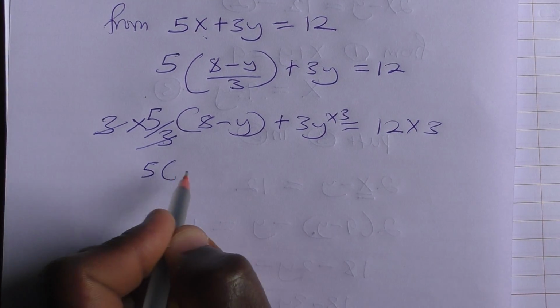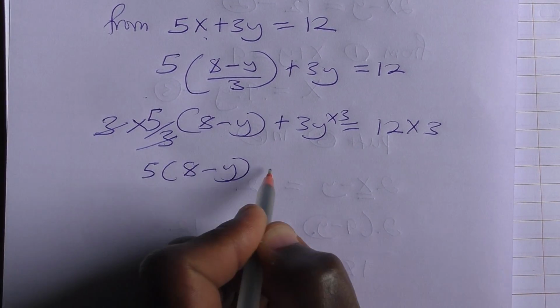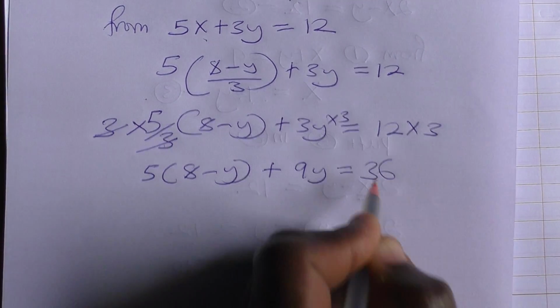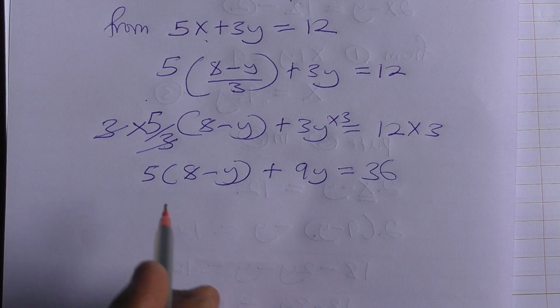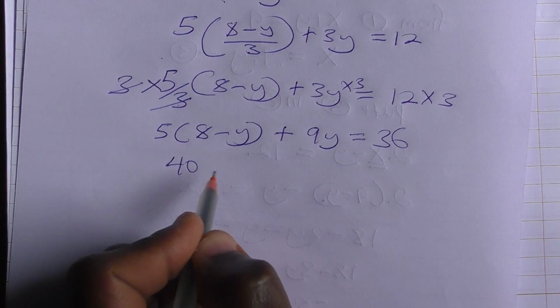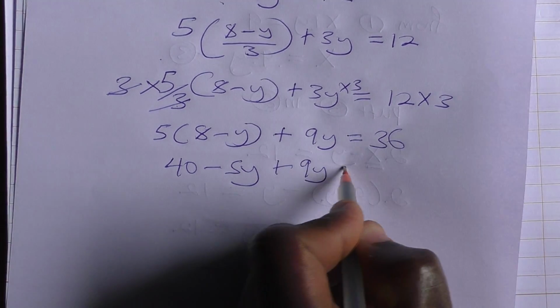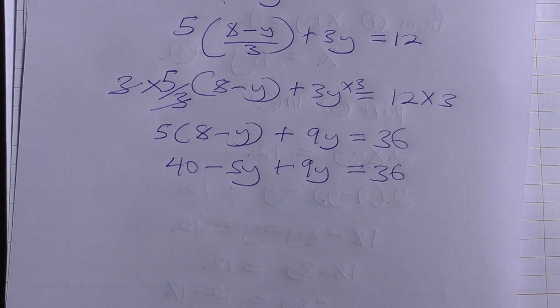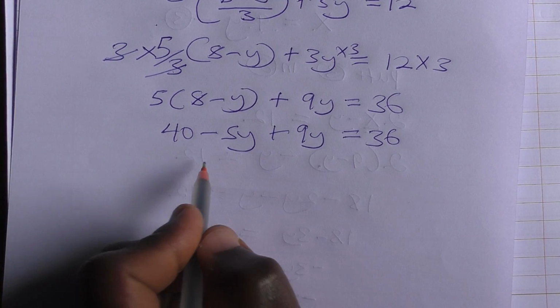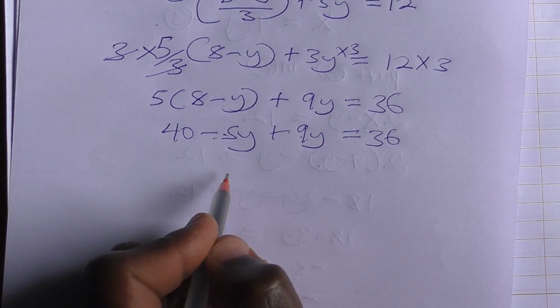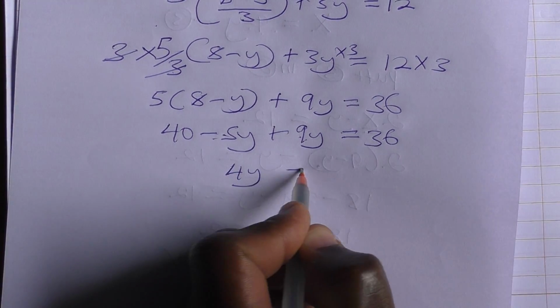You get 5 into 8 minus y plus 9y equaling 36. Open brackets to get 40 minus 5y plus 9y equaling 36. Collect like terms. Negative 5 plus 9 is a positive 4y.